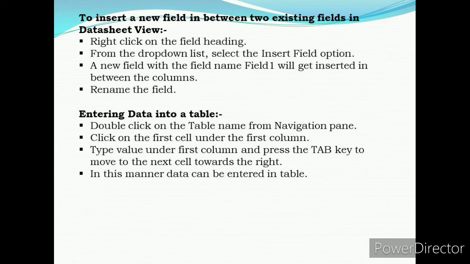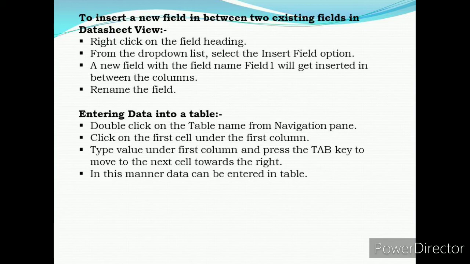Okay students, suppose you have created a table in datasheet view and you want to insert a new field in between two existing fields. Then what are you going to do? So here we have the options for how we can insert a new field in between two existing fields in the datasheet view.